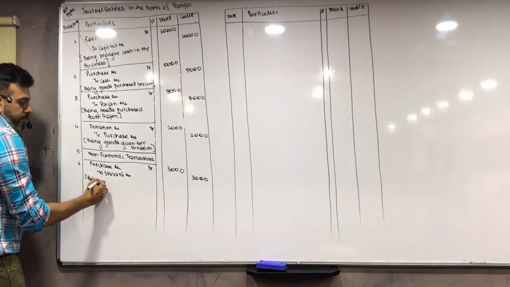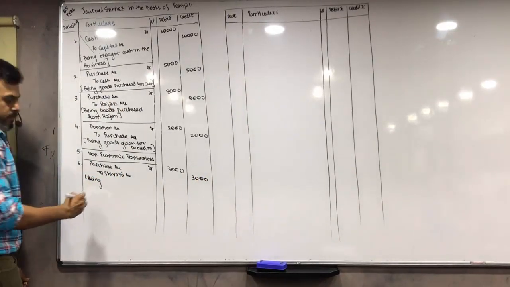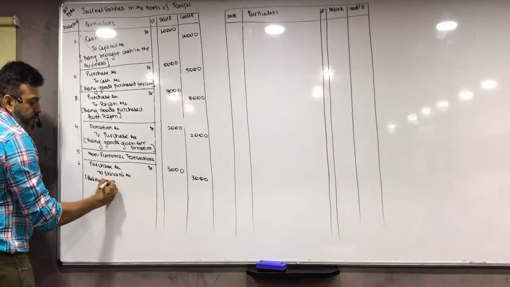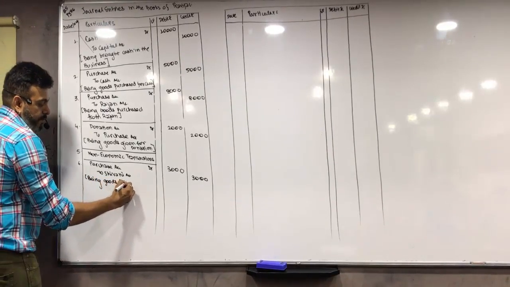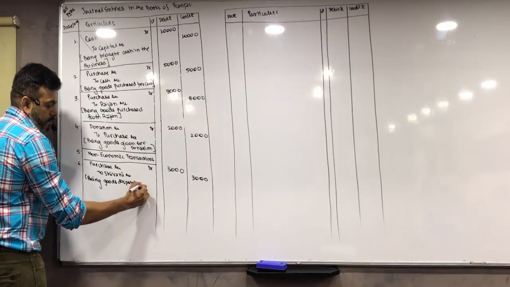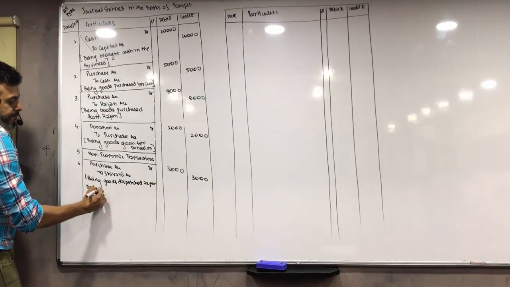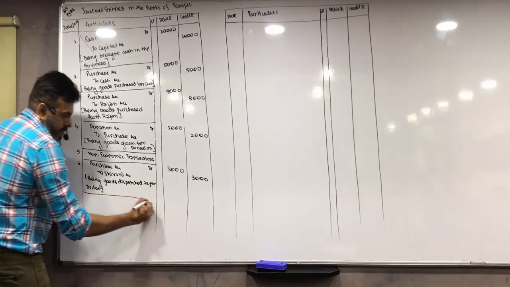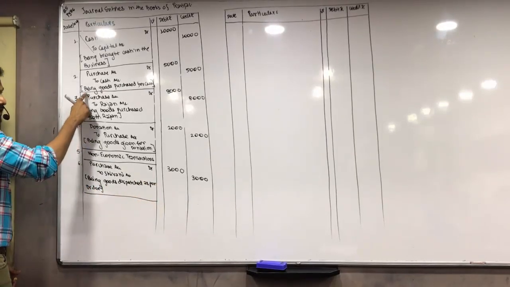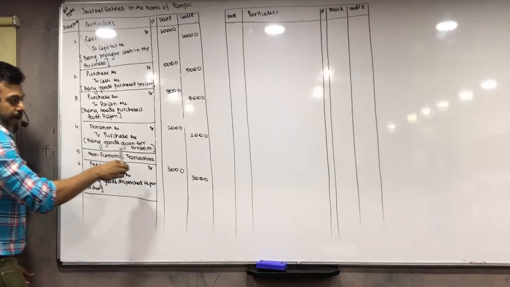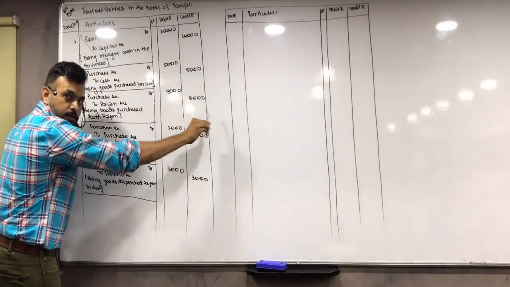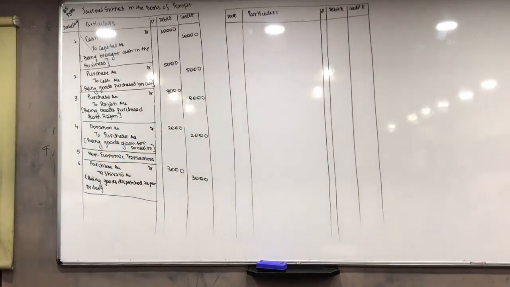Being goods dispatched as per order. I hope you all are drawing these lines. Yes. Okay, now the line should be only till here. पूरा line नहीं draw करता है.